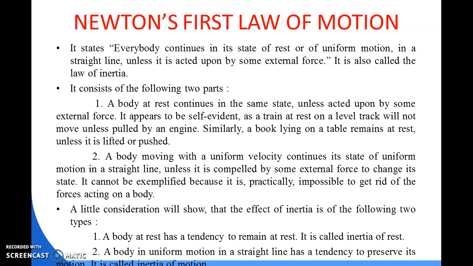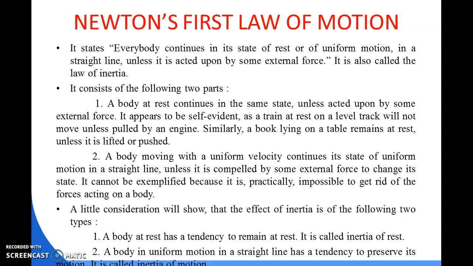This appears to be self-evident, as a train at rest on a level track will not move unless pulled by an engine. Similarly, a book lying on a table remains at rest unless it is lifted or pushed.